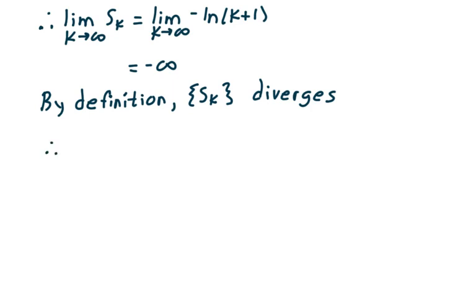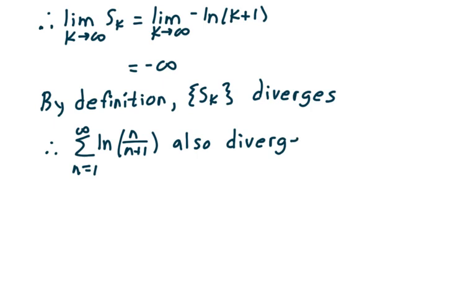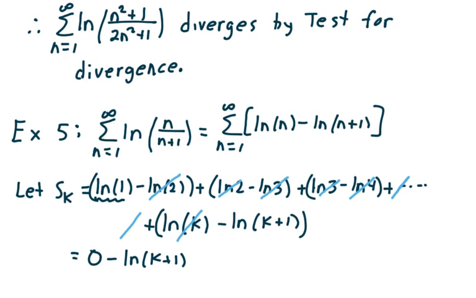And so, therefore, the summation from n equal 1 to infinity of natural log of n over n plus 1 also diverges. And you're done. So that's a classic example of a telescoping sum. And that was example 5.